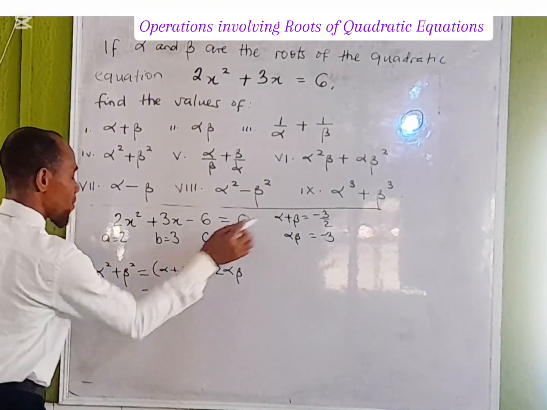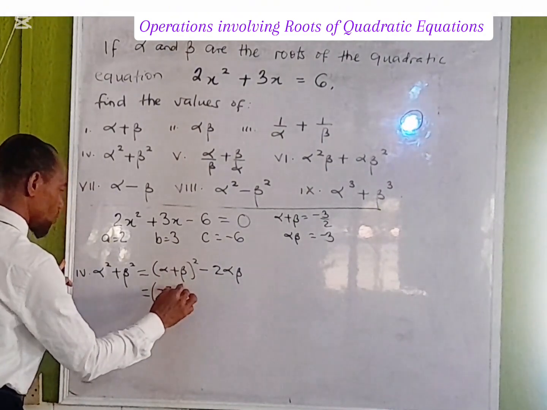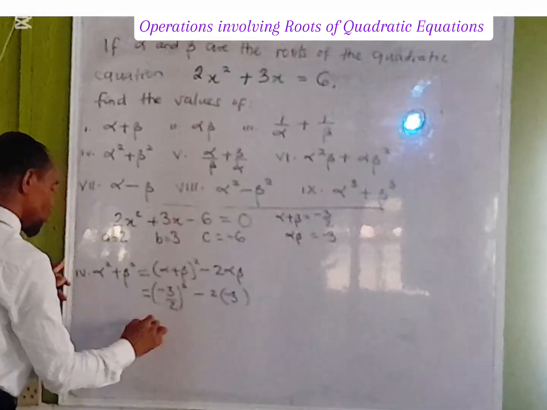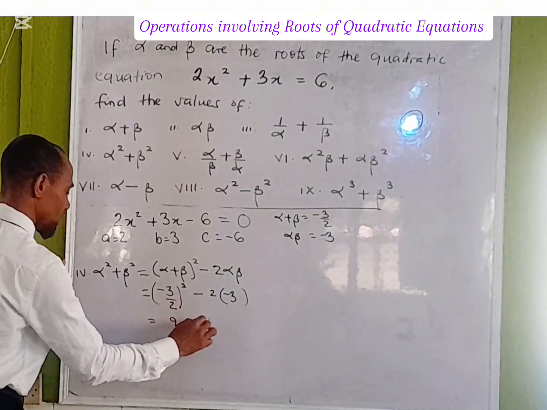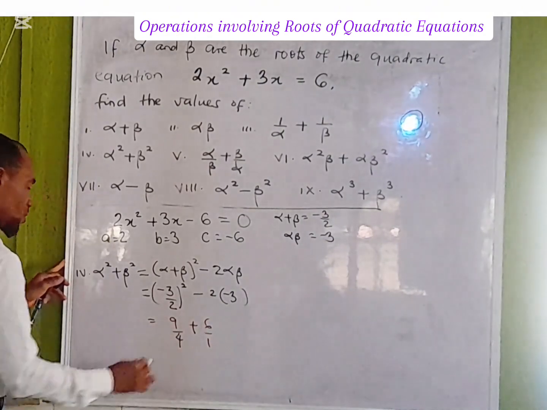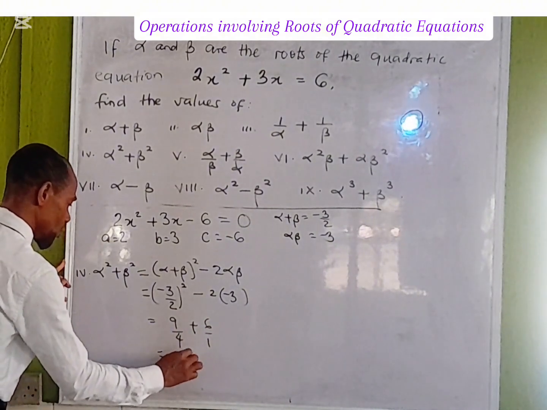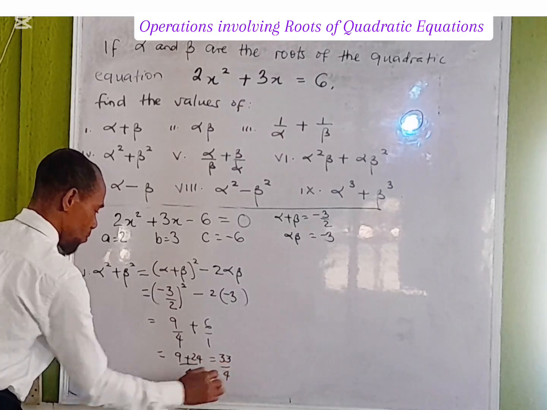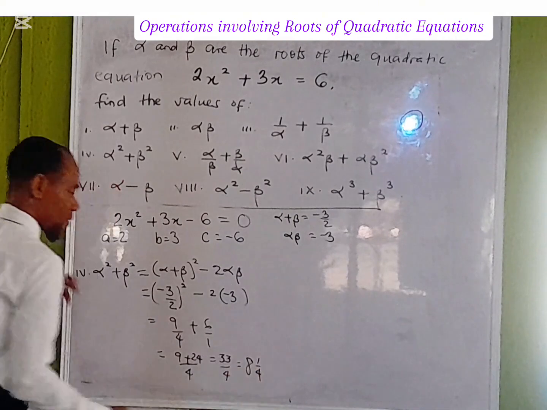So alpha plus beta is minus 3 over 2, all squared. The minus 2 alpha beta is minus 2 times minus 3. So you're going to have what here? 9 over 4 plus 6 over 1. When you find the LCM there, you're going to have 9 plus 24, which is 33 over 4, or 8 whole number 1 over 4.